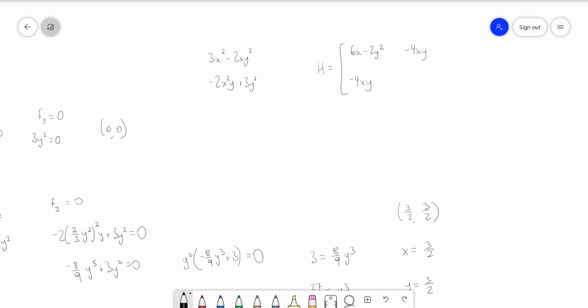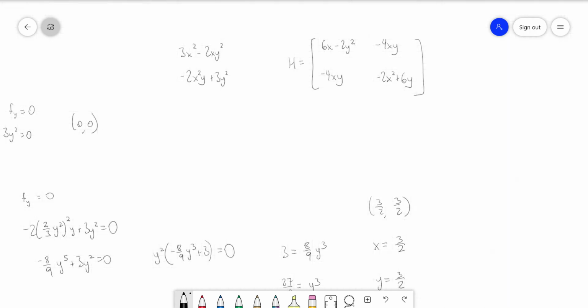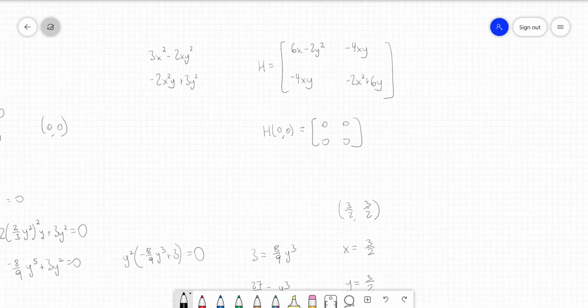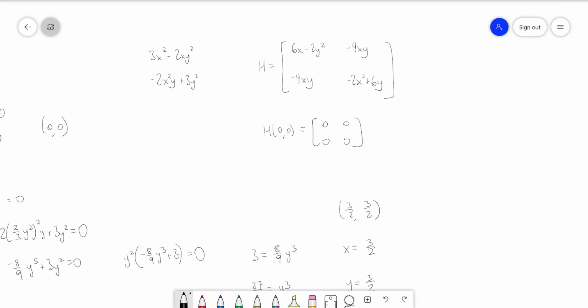That's also minus 4xy. And then partial of this one with respect to y is minus 2x squared plus 6y. Okay, so we plug in the first critical point that we found, 0, 0. So I guess incidentally, that's all going to be 0. So the second derivative test doesn't give us any information about it, so we might need to analyze it more closely.